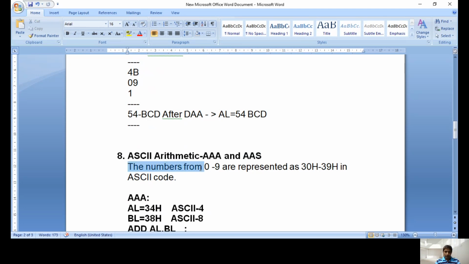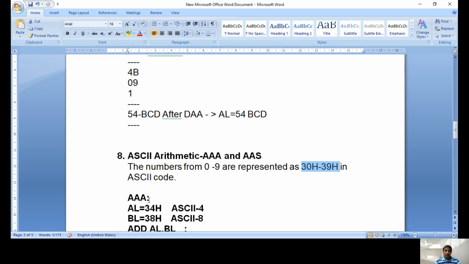Generally, the numbers 0 to 9 are represented as 30H to 39H in ASCII code. So in AAA and AAS instructions, the range of hexa numbers must be 30H to 39H. Only then do they come under the ASCII code of 0 to 9.